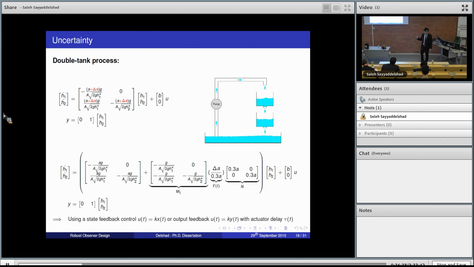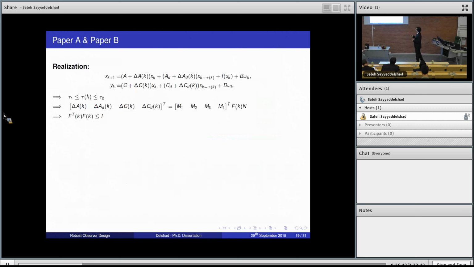So in papers A and B, we're focusing on this quite general system structure. I say quite because it is quite general. System realization. And we're assuming that the time delay is also uncertain but bounded.